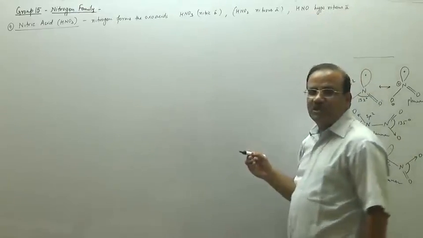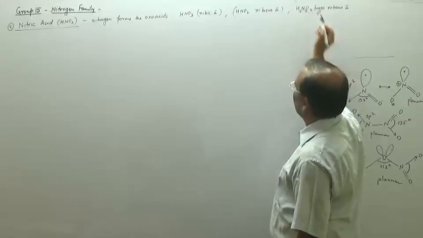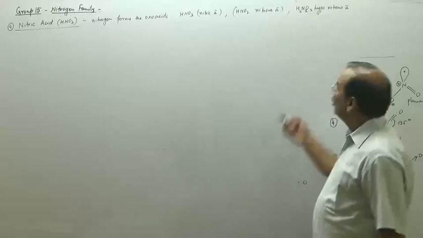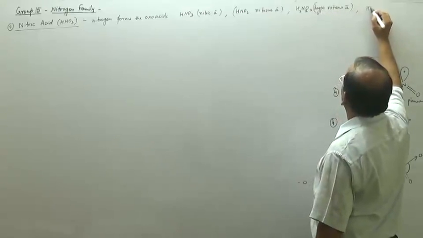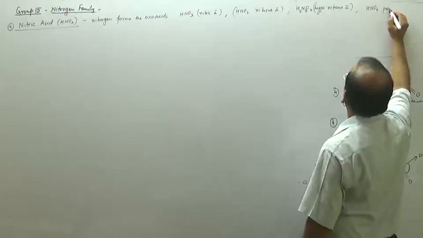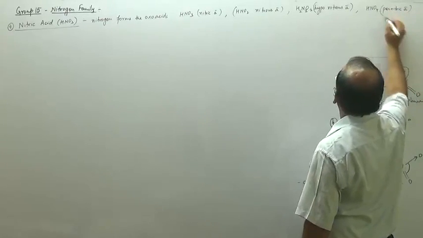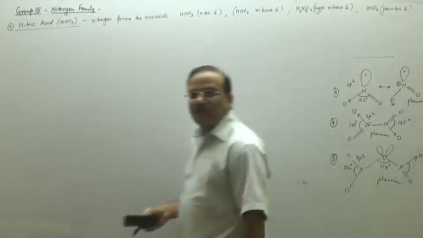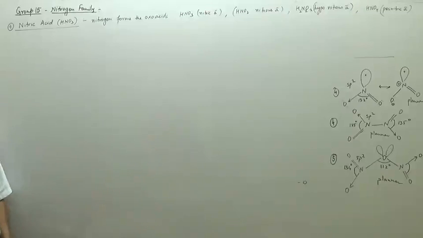But the HNO molecule doesn't exist freely; it exists as a dimer. But if you add an oxygen to nitric acid, then it is called pernitric acid. So these are the oxy acids of nitrogen.